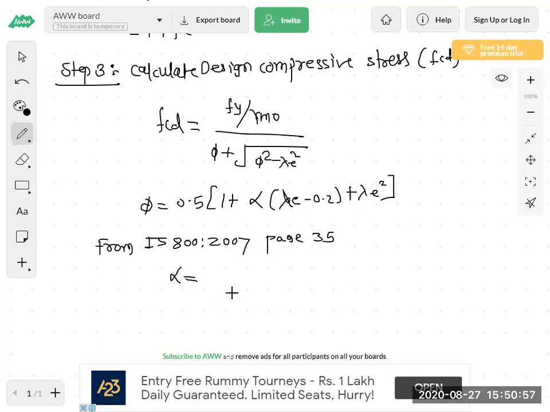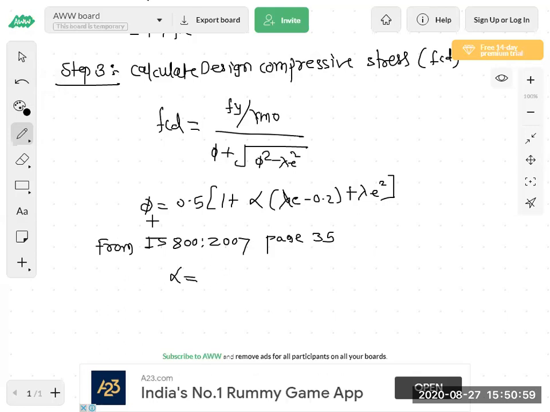Okay, so I have told you the alpha value. How to find out the alpha value?